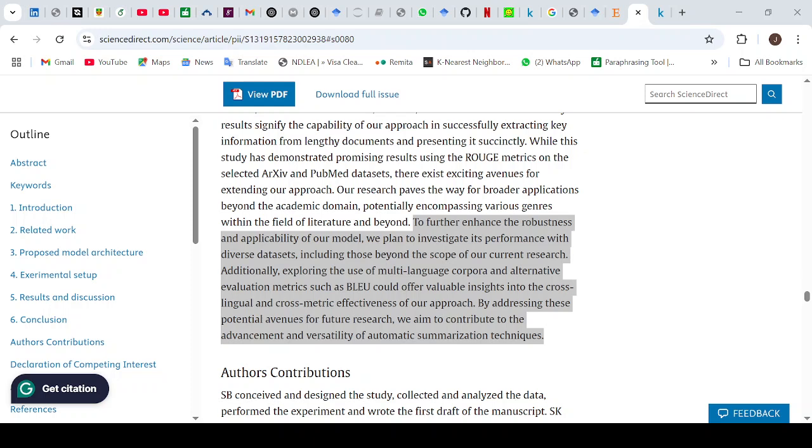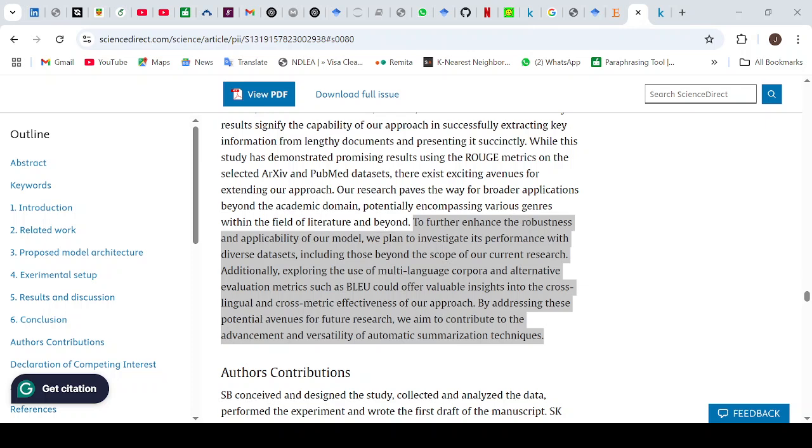Maybe try to identify and integrate a range of data sets, which is an objective. You can try to perform an in-depth evaluation of the model performance on this new data set to identify the strengths and weaknesses.